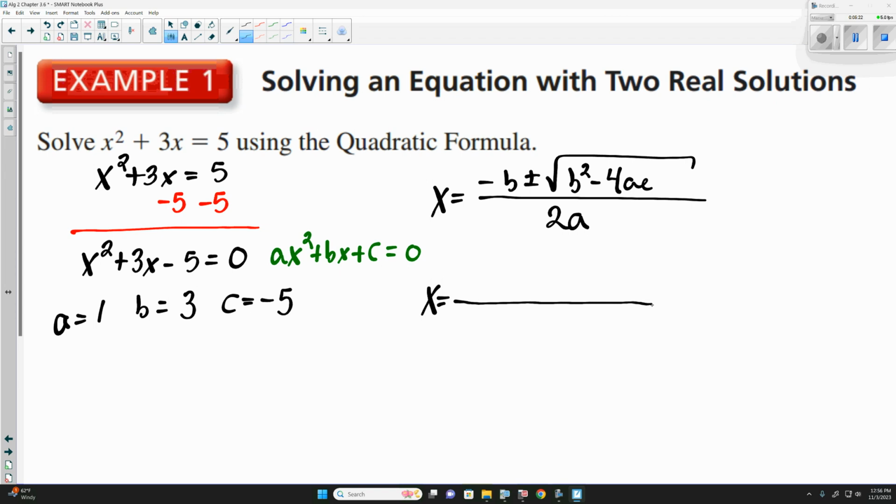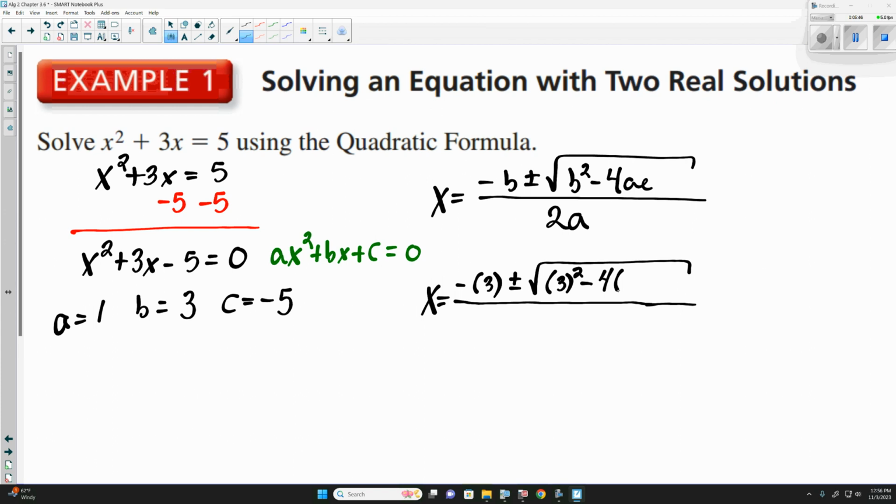Any questions on how we found the values of a, b, and c? So now we're going to plug it in. We have negative b, so it'd be -3 plus or minus the square root of. The first thing we have inside the radical is b squared. We won't plug the whole thing in; we'll do it part by part.